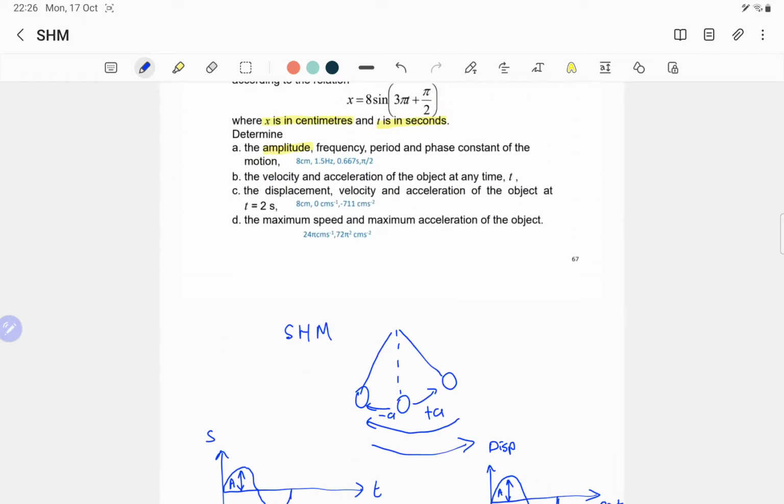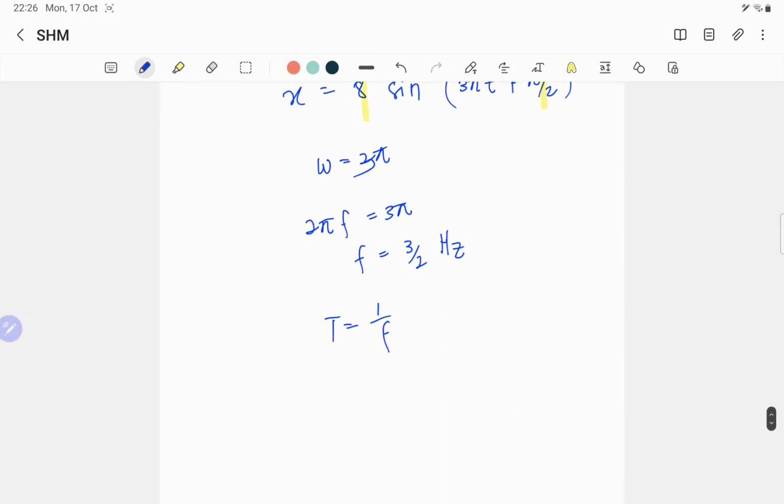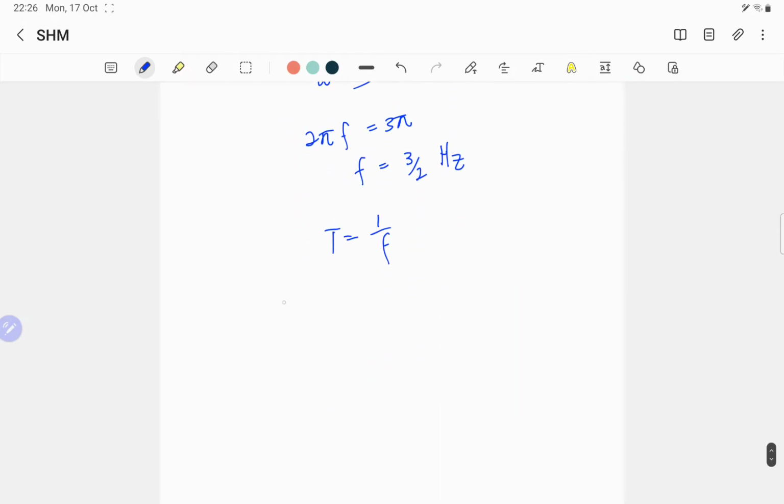B, velocity and acceleration. In order to determine velocity and acceleration, let's say you have the equation x equals A sine (omega t plus phi). You have to relate this with additional maths from secondary school, where v is equivalent to dx over dt.